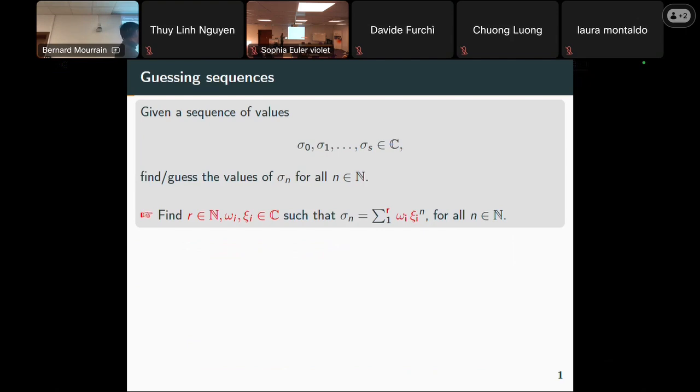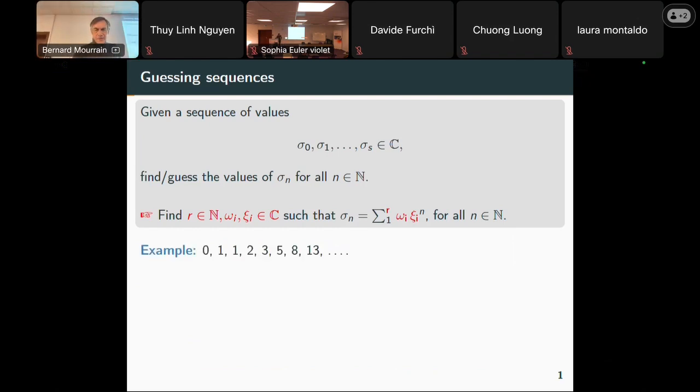We are given the first S values, and then we can guess what would be the value for sigma n, assuming this. But here we don't know either the number of terms, we don't know the weights, we don't know the points c.